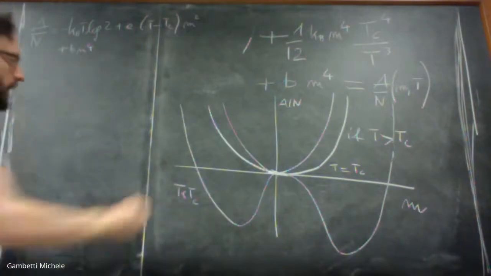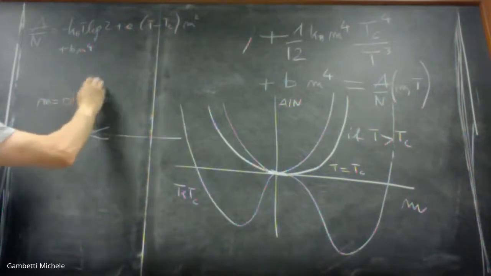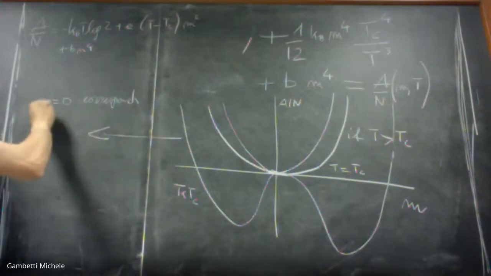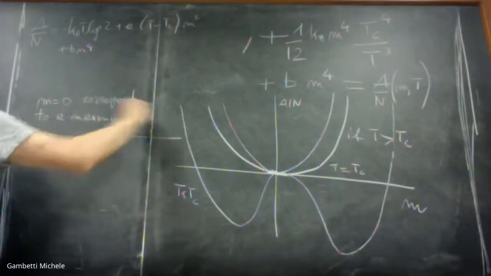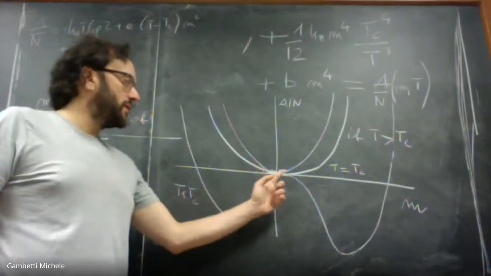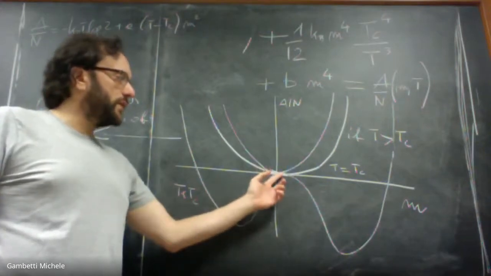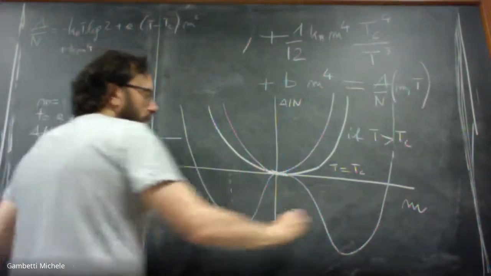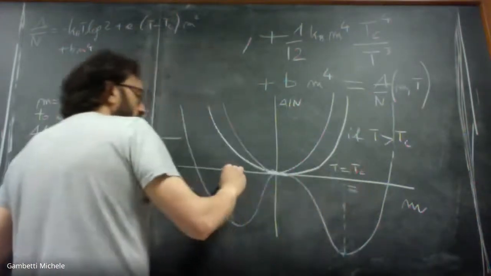Well, you see that here m equals 0 corresponds to a maximum of a divided by n. Therefore, the system here is actually unstable. Once you are below Tc, the system would like to go either here or here. And so these are two finite values of the magnetization. Let's call it m star and minus m star.